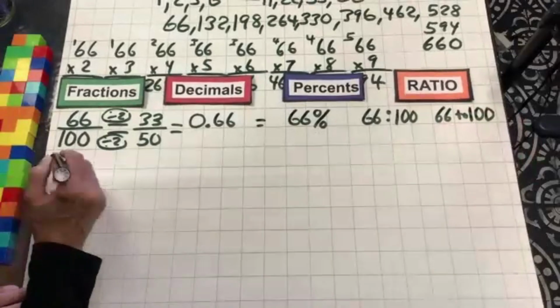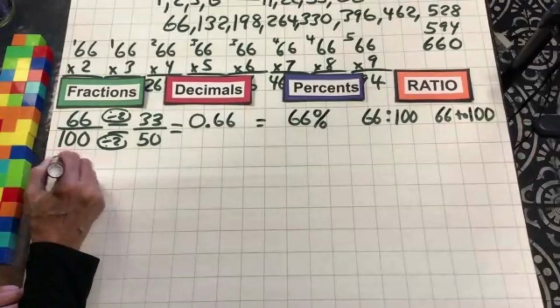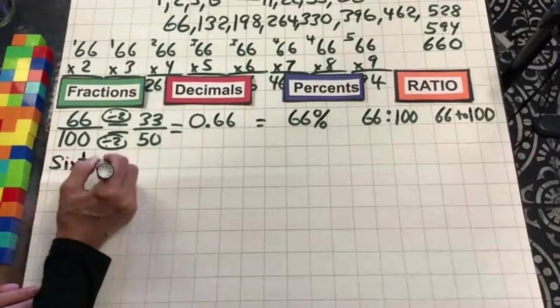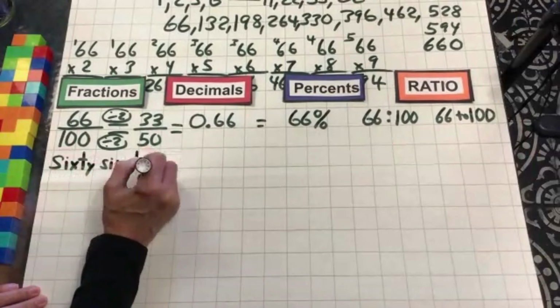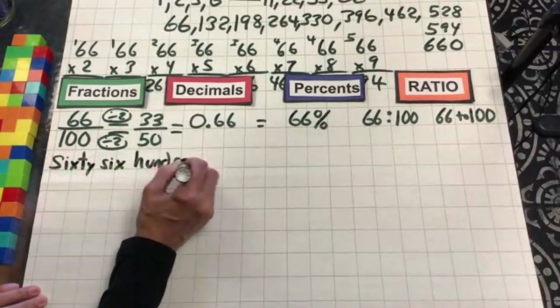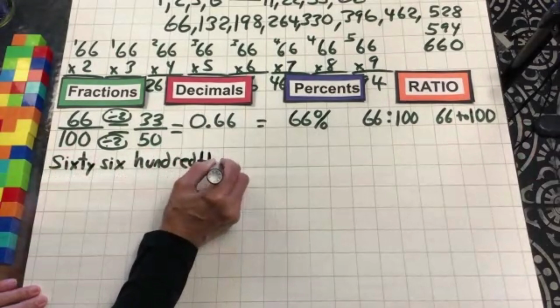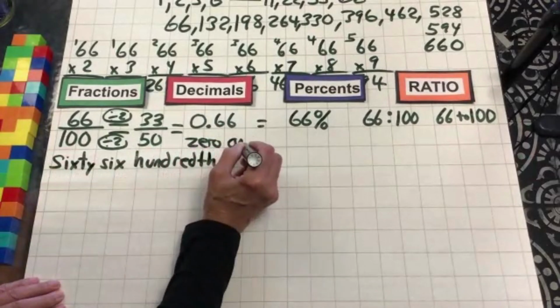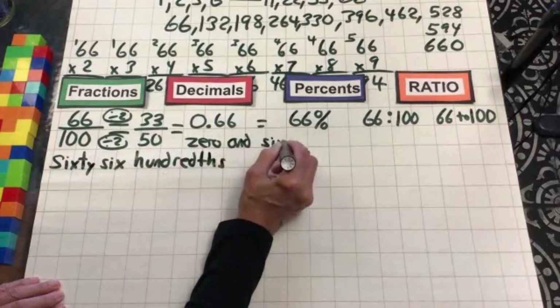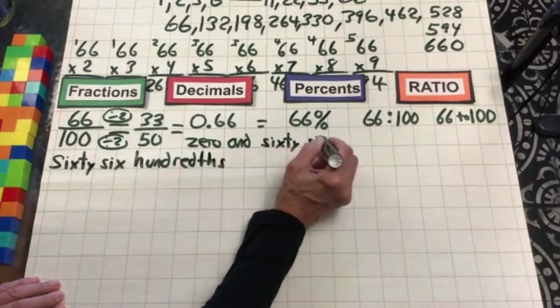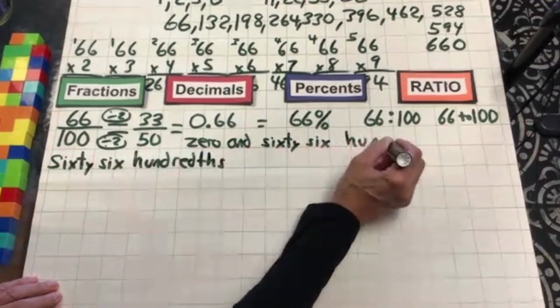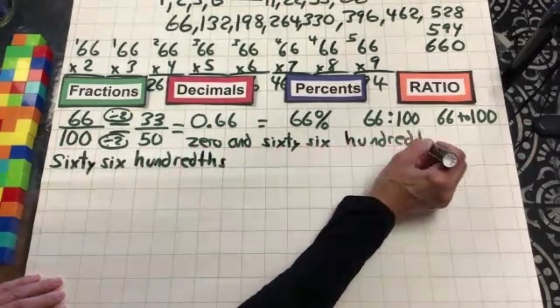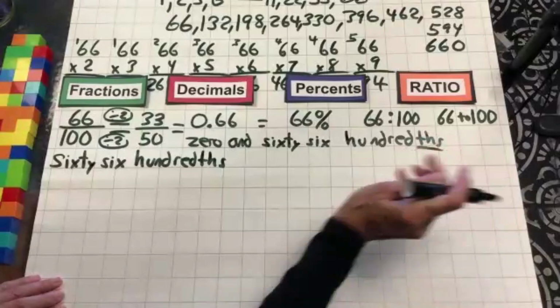Let's drop down here and write this in word form. So this is 66 hundredths. That would be writing our fraction. And then our decimal would be 0 and 66 hundredths. Don't forget your THS.